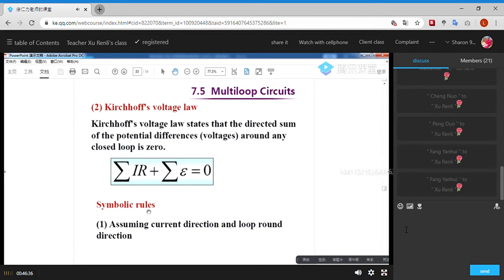For the sign rules, first we assume the current direction and the loop direction.